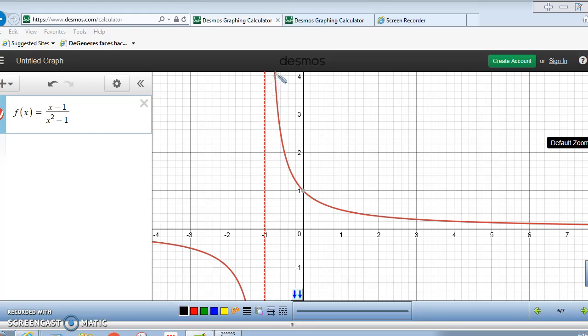So this graph, from the right side, goes to positive infinity at -1, and from the left side, it goes to negative infinity, which makes sense because looking at the domain, x cannot be plus or minus 1.